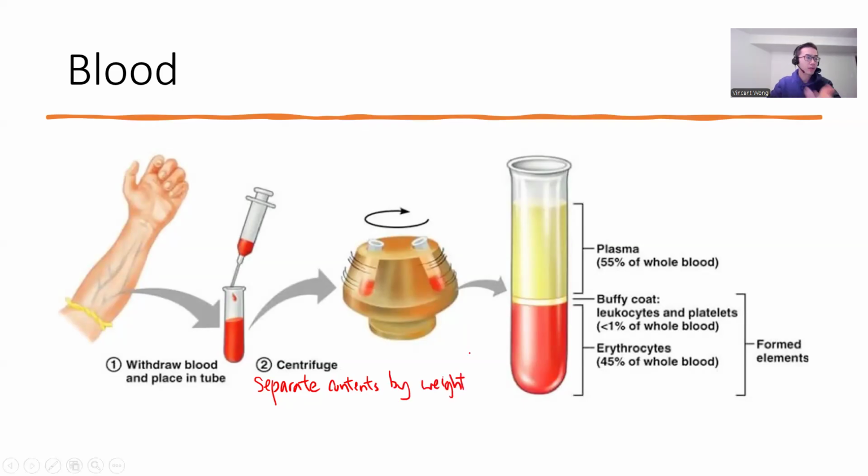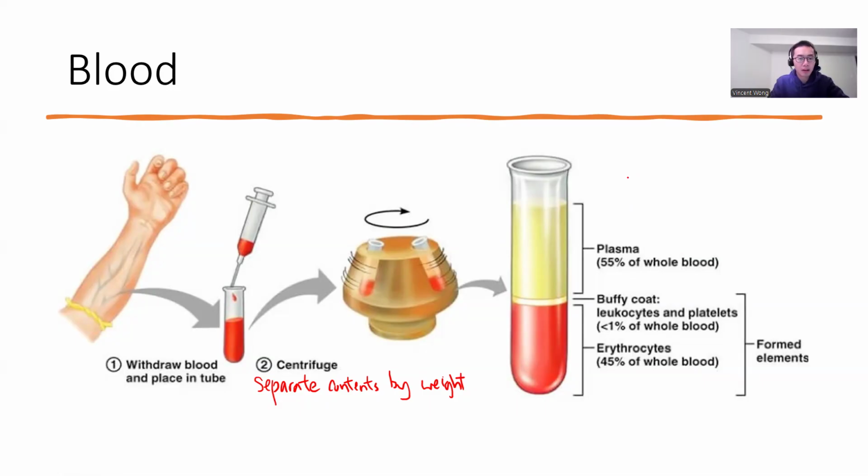I think we talked about this last semester when we were learning about the Hershey and Chase experiment. They were spinning things down, and then the heavier bacteria go to the bottom, and the lighter viruses go on top. This is similar. Heavier components of the blood will sink to the bottom, and lighter stuff will go to the top. And if you do this, the top portion is always going to be your plasma.